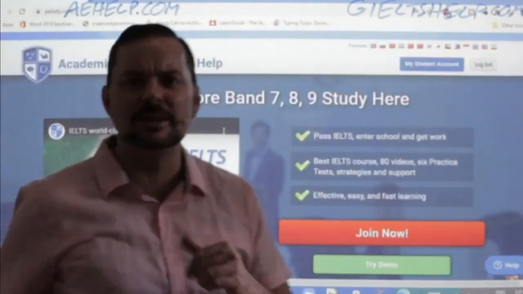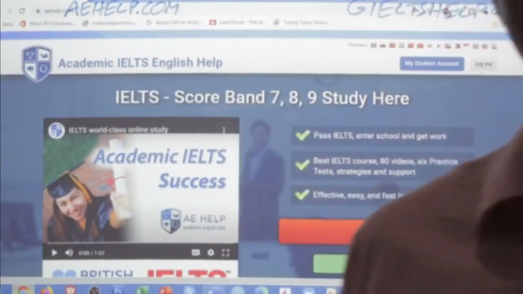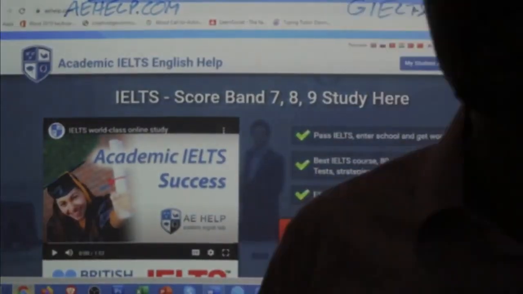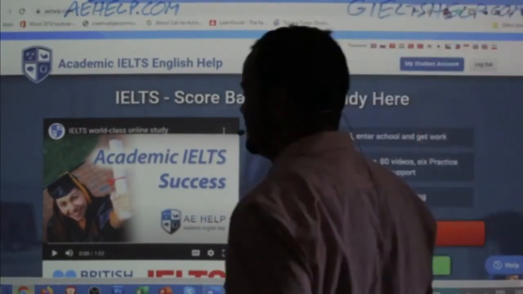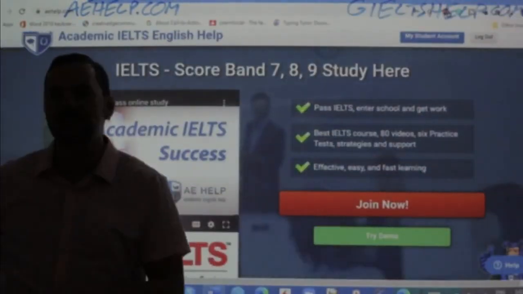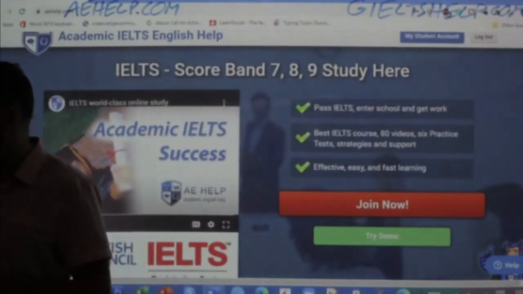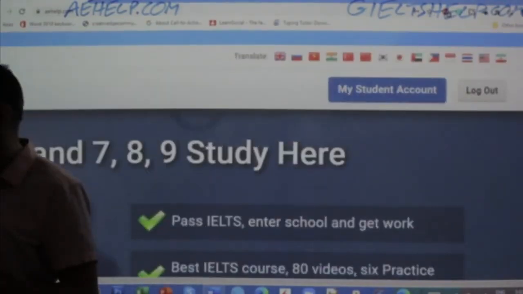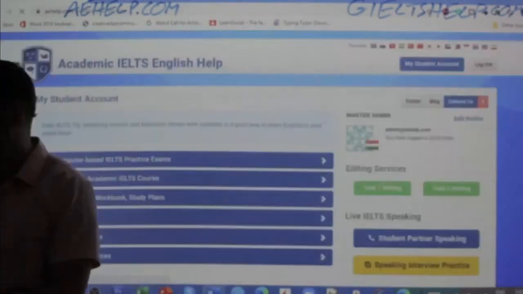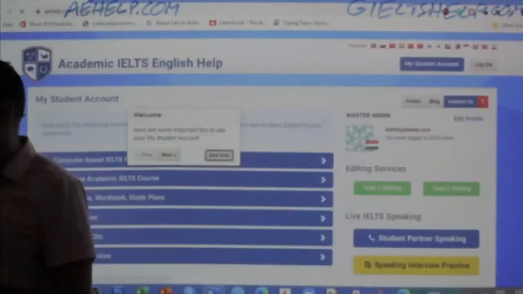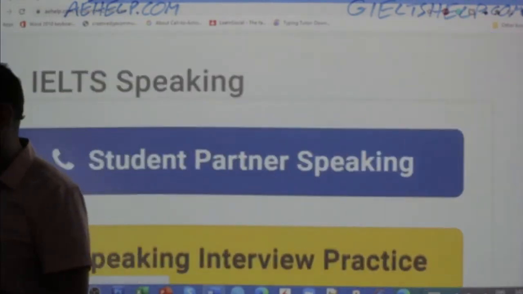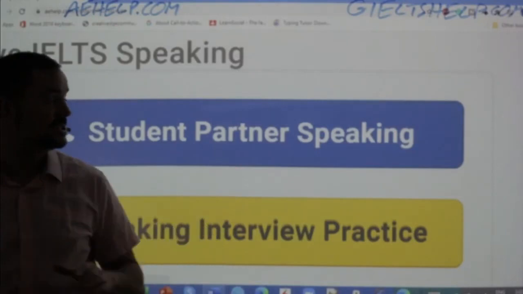All right, everyone, let me just show you where you can practice your speaking for free, 100% free speaking practice with other IELTS students. If you click this green button, you can create a free demo account, and then you get a My Student account. You can log in to your My Student account. And when you're in your My Student account, on the right-hand side, you will find this Student Partner Speaking button.